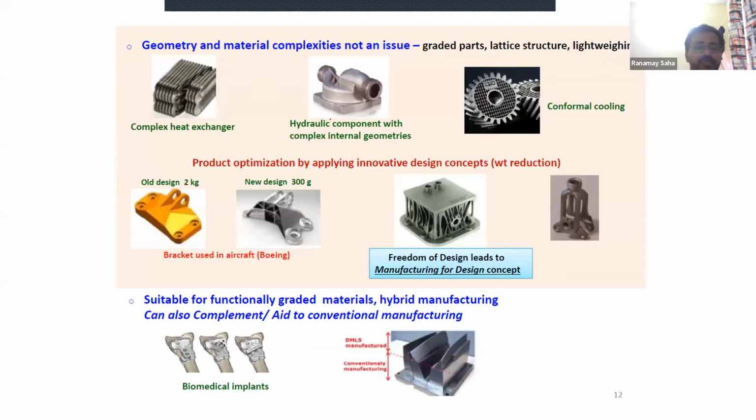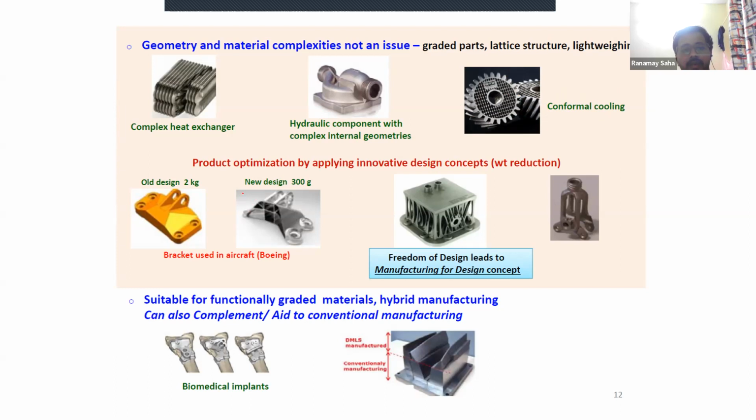Then geometry and material complexity is not an issue. You can technically manufacture any level of complexity, such as a complex heat exchanger, a hydraulic component with internal geometries, or conformal cooling equipment.